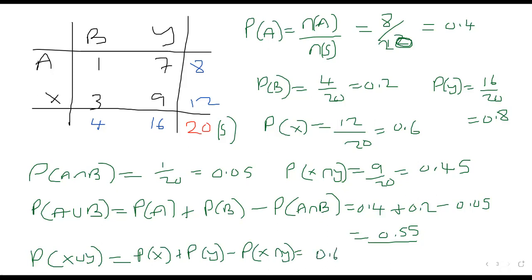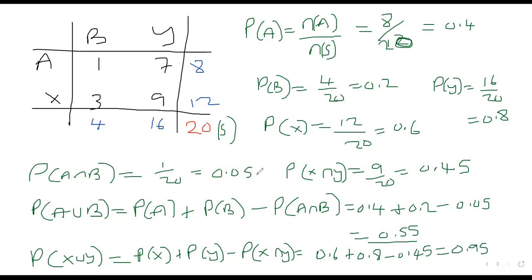Y? 0.8. Intersection? 0.45. What's the final answer? 0.6 plus 0.8 minus 0.45, we get 0.95. Okay. Very easy, right?